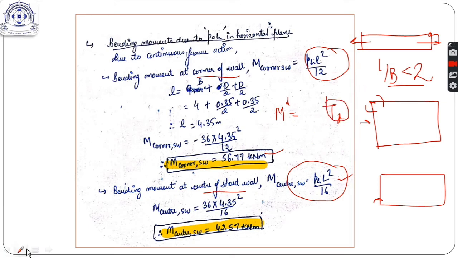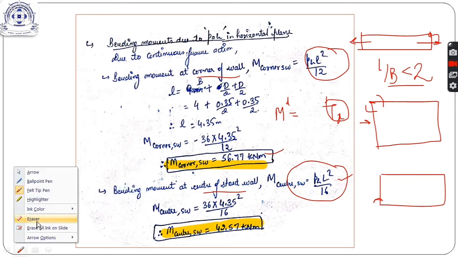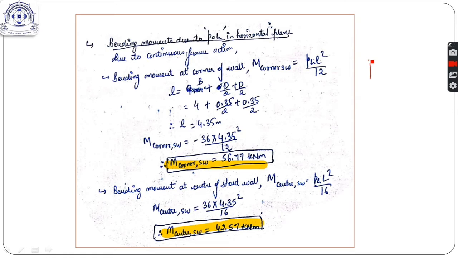But now in this case another phenomenon is happening, because if this is the short wall, the earth pressure is acting from the outside, so this will lead to compressive force in the short wall. Due to this, there will be no reduction in bending moments, so we don't need to modify these moments. So there will be no reduction of minus c into x.